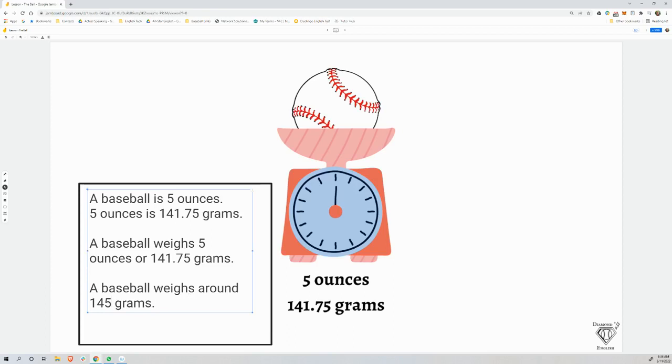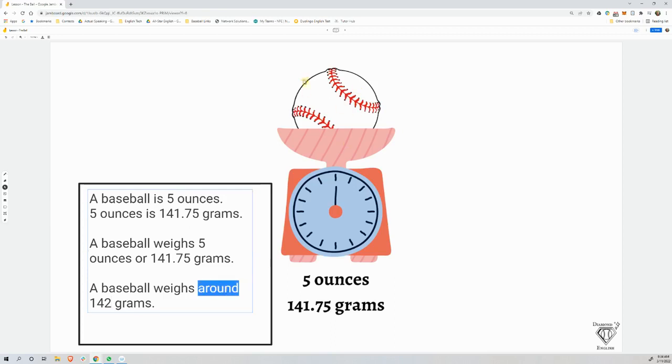All right. Or we could say a baseball weighs exactly 141.75. Okay, so exactly 141.75. But if we do around, we can say 142 or 140 or 145.